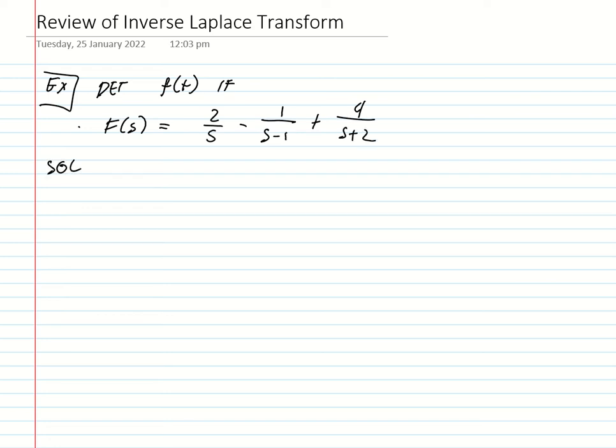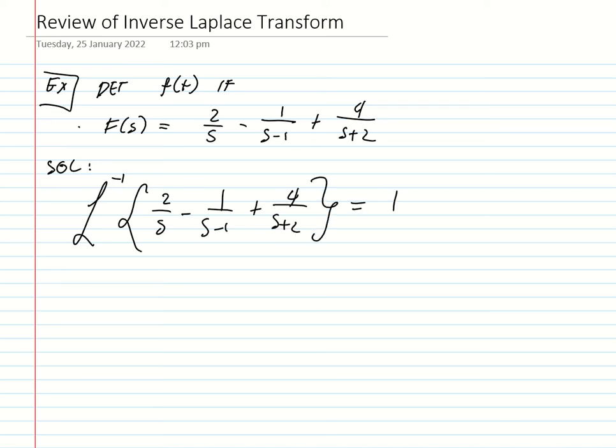Solution. This is now in S domain, so we need to determine f of t. We have to take the inverse Laplace of f of s, which is 2 over s minus 1 over s minus 1 plus 4 over s plus 2. And this will be our f of t.